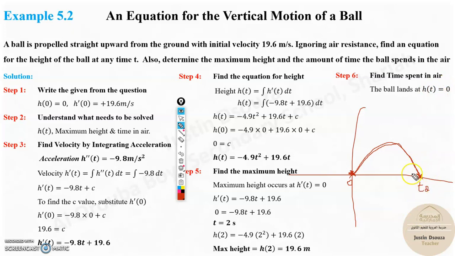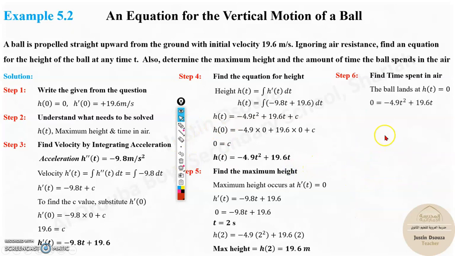We need to find this time, because from time 1 to time 2 is the time in the air. So how do we find that? It is very simple, because we just saw we should find where the height is 0. So this is the equation, right? Solve when this is equal to 0, and you'll find the times, the launching and landing times.